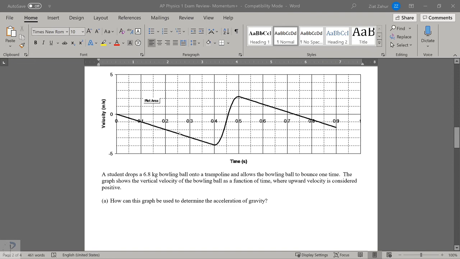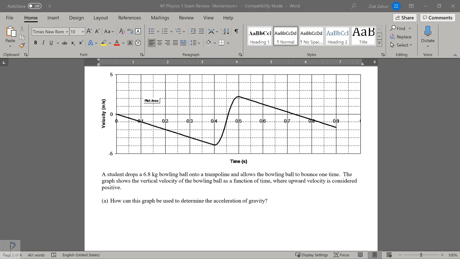Here's the graph. Based on the fact that it was accelerating downwards, the velocity gets more and more negative, and at some point it stops going negative, right? And then instantly we start moving. So the lowest point is when we first contact the trampoline, and then the highest point is when we stopped again on the other end. My change in momentum happens during the collision point, so during the contact. So from the bottom here to the top.